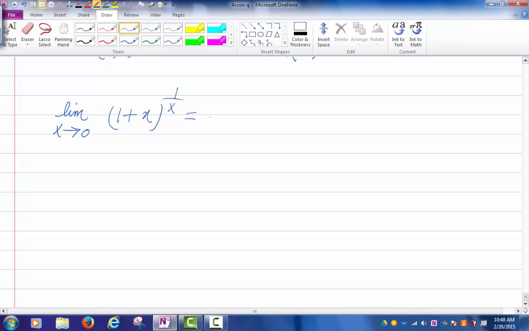I'm going to rewrite this as the limit as x goes to 0. I don't like the way the function is written, so I will feel more comfortable if I write the function in terms of e. So I'm going to write it as e to the (1 over x) ln of (1 plus x). Right? I can express it in terms of e. Now it seems like all I have to do is come up with the limit of the exponent, right?